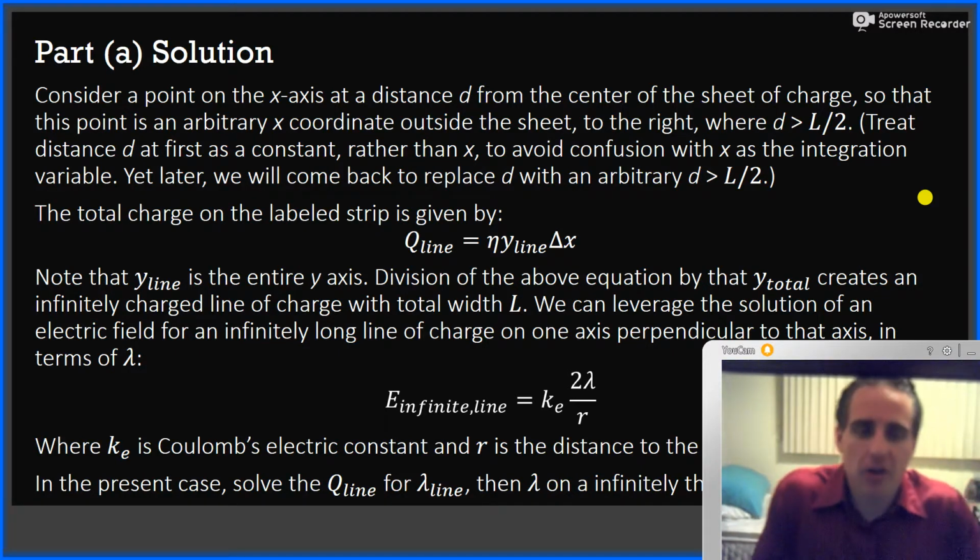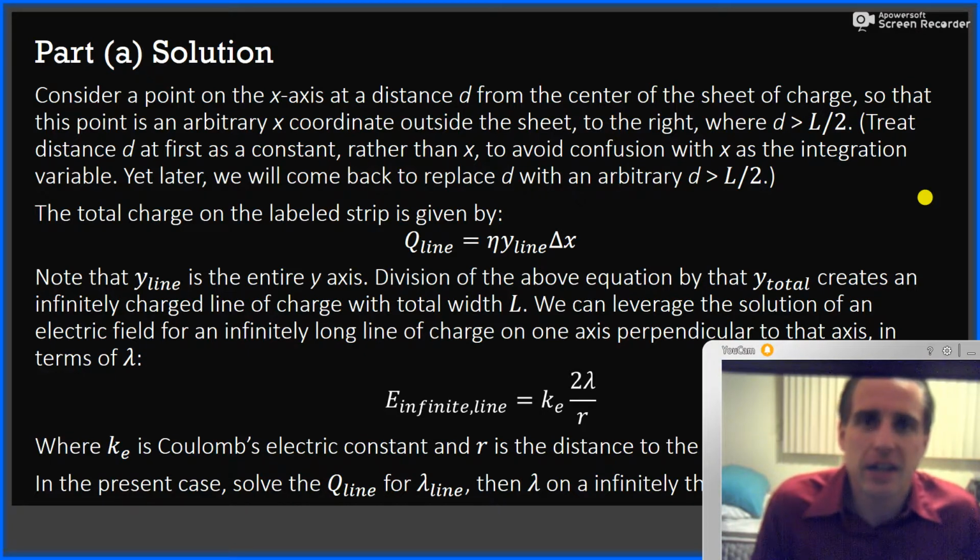So how are we going to solve this problem? We'll consider a point on the x-axis that's, again, a distance d from the center to the right of the sheet of charge. So d is that arbitrary x coordinate, but we don't want d to be confused with x, because we're only going to let x, in terms of things we add up, go along the sheet itself.